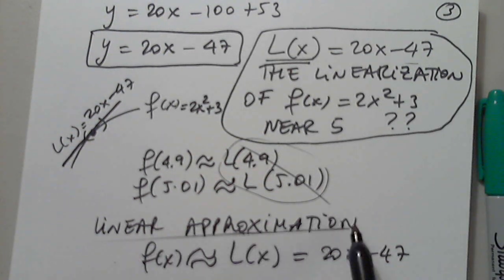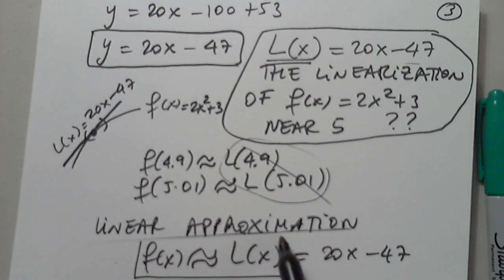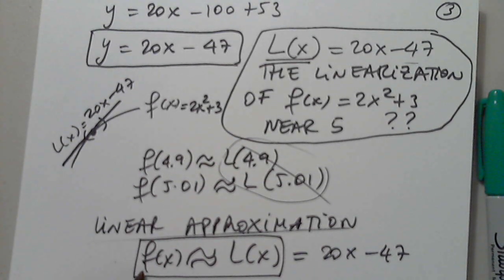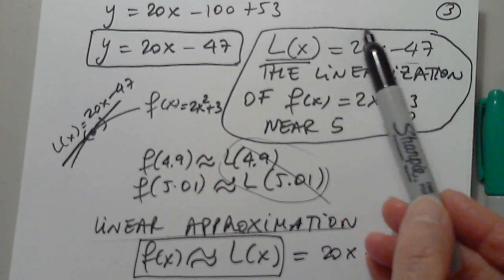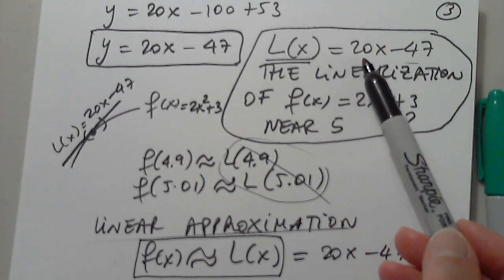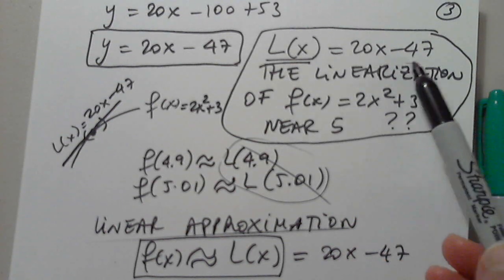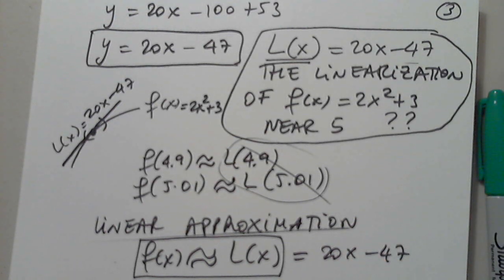The linear approximation is written like this. The function is approximately the line by values very close to 5 in our case. And the linearization is, in other words, just the linear function that is the equation of the tangent line. I think we should stop for a second and choose some problems.